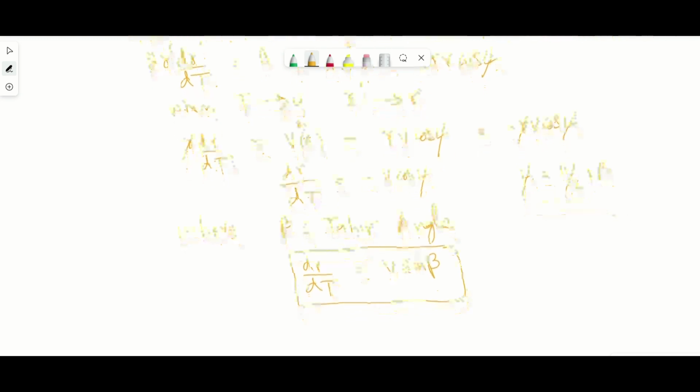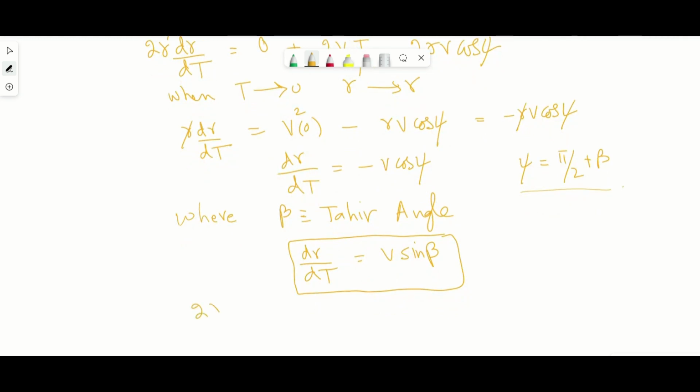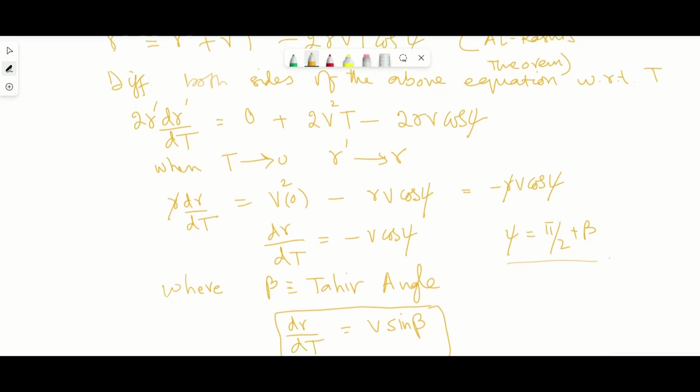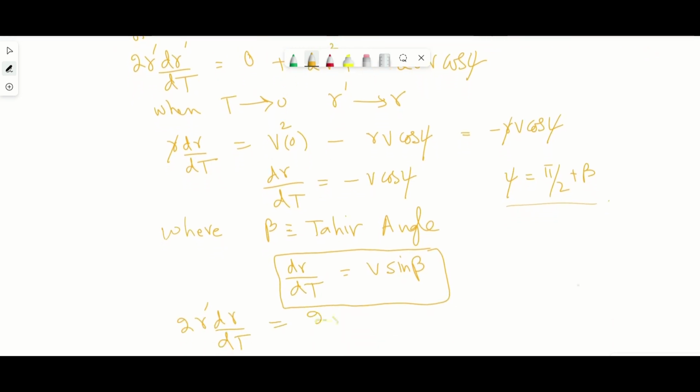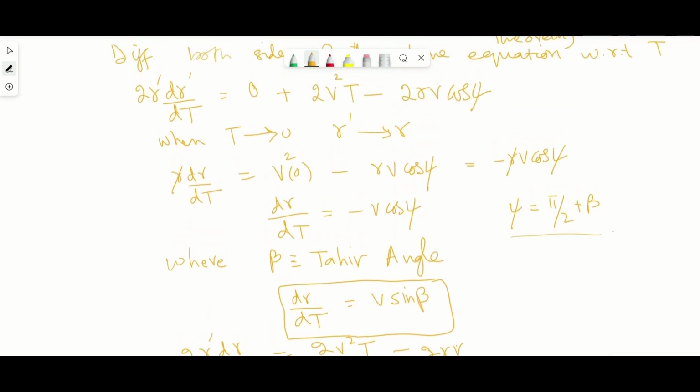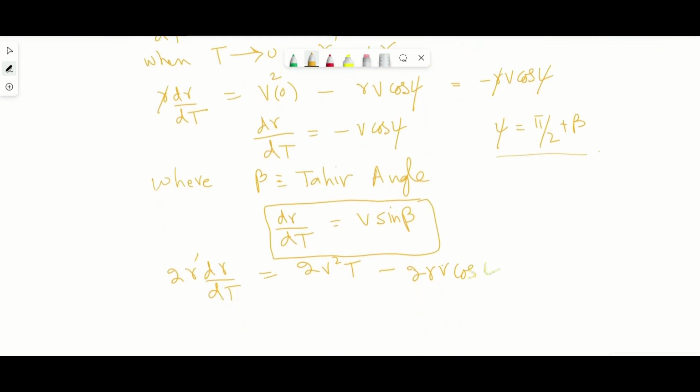So I will write the same equation here. 2r prime dr over dt is equal to 2v square t minus 2rv cos phi. Okay, so this is the equation that we differentiated before.